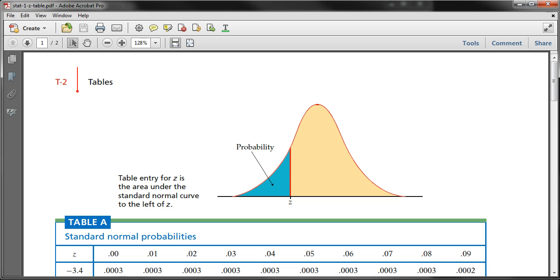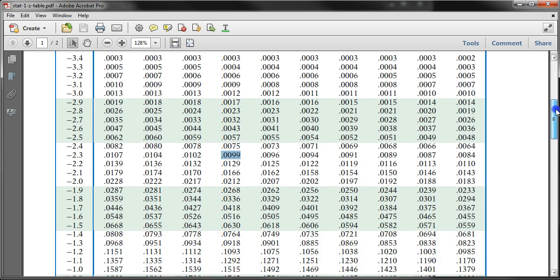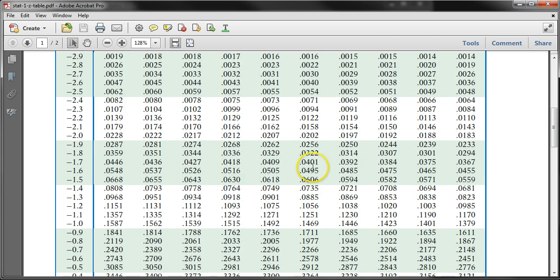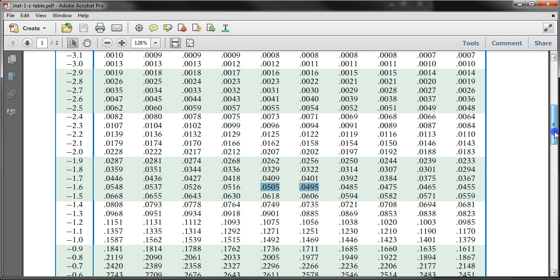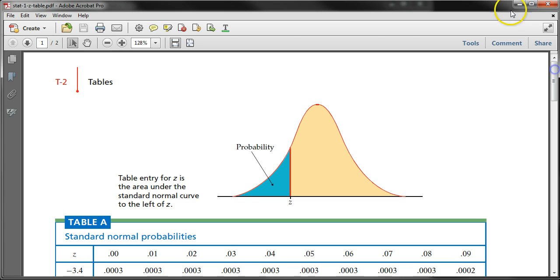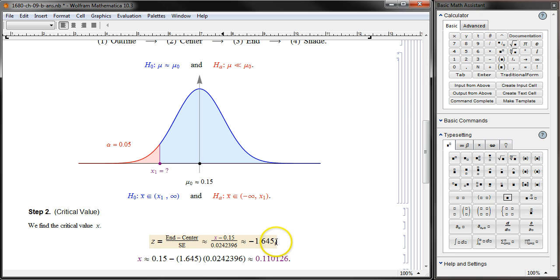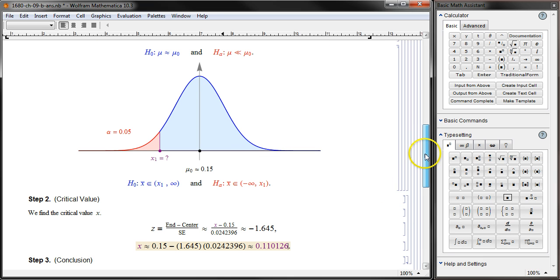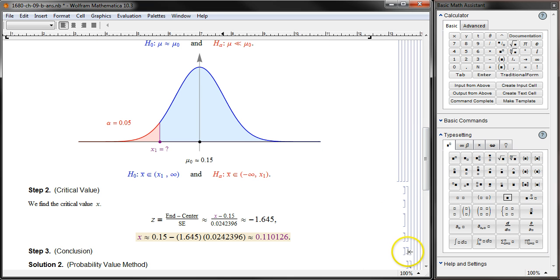Look up 5% here. Negative 1.64, negative 1.65, it's kind of in between. So we estimate negative 1.645, and that's how we get this value. Once you solve that equation, you get 0.11 something, really close to the observed value.